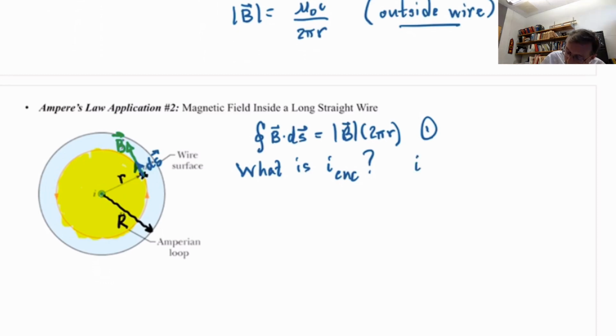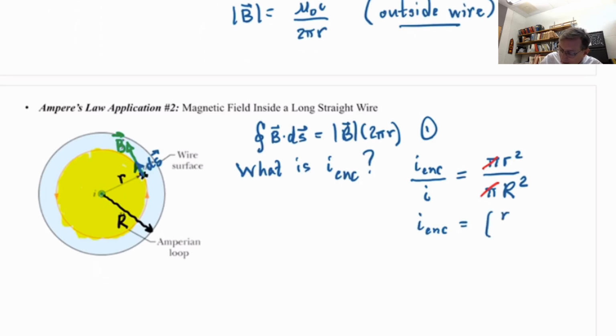The ratio of the I enclosed that we have over the total I is equal to the ratio of the area we have in our Amperian loop, pi little r squared, to the cross-sectional area of the whole wire, pi big R squared. That makes sense? Pi's, of course, cancel, and I just multiply both sides by the total I of the wire, and I get that expression, which I'm going to now label equation 2.